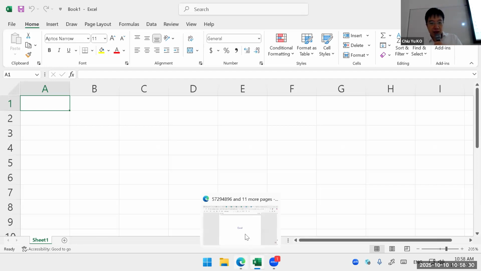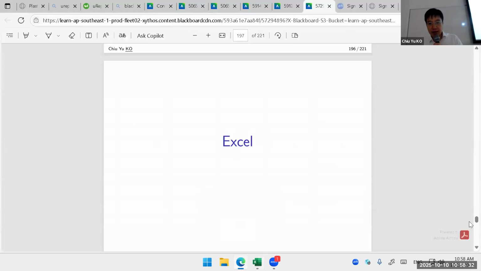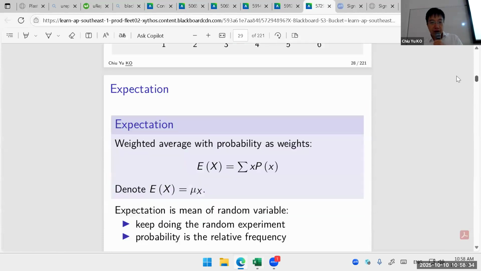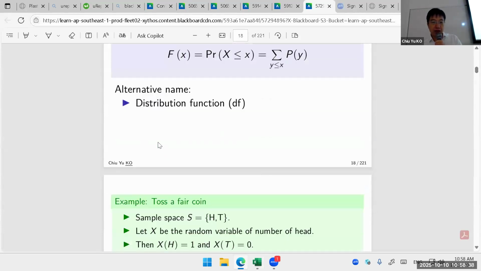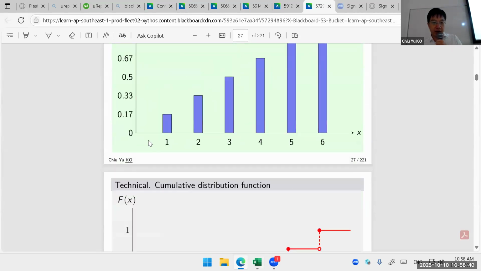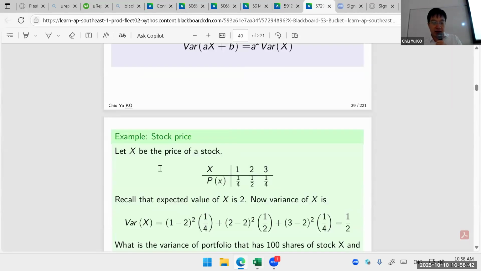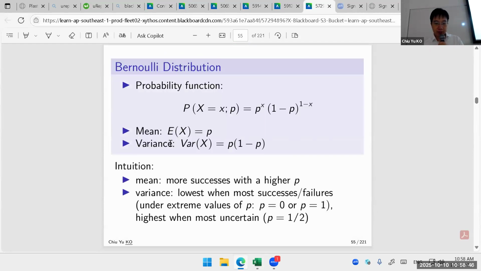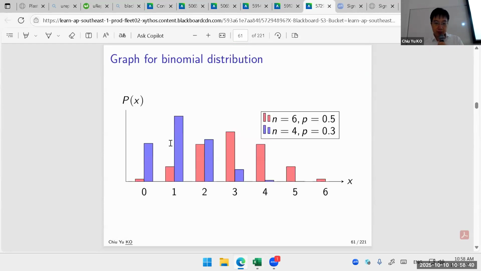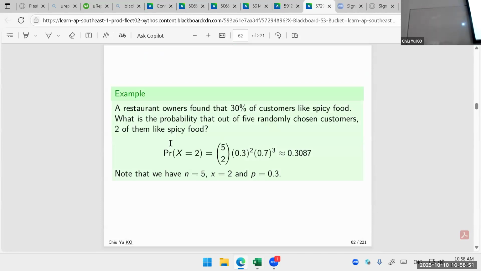I'm not going to go slide by slide, but rather I'll go to the calculation part and tell you how this can be done. So I go back to the binomial slides and tell you how you can do it quickly. So this question, if you remember, a restaurant owner: each customer has a 30% chance of being someone who likes spicy food.